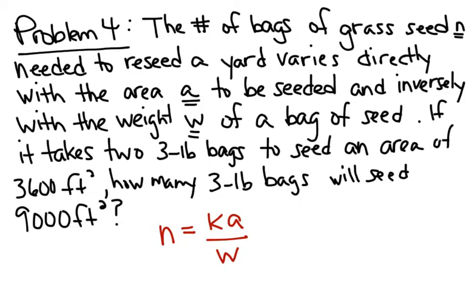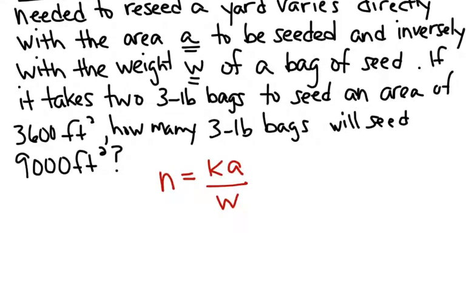So we start with this general equation, N equals KA over W. Well, then they gave me some information that I can use to find the constant of variation K. They told me that if it takes two 3-pound bags to cover an area of 3,600 feet, and the weight of the bags are 3 pounds each.